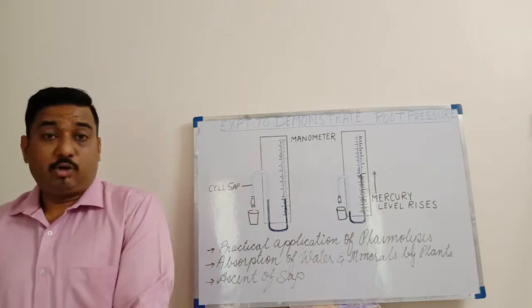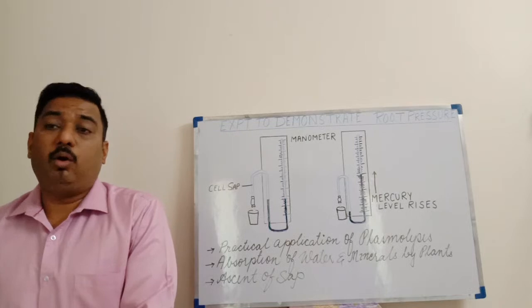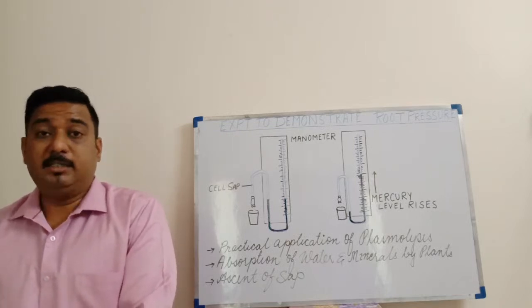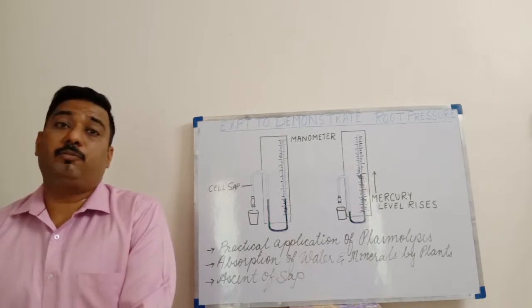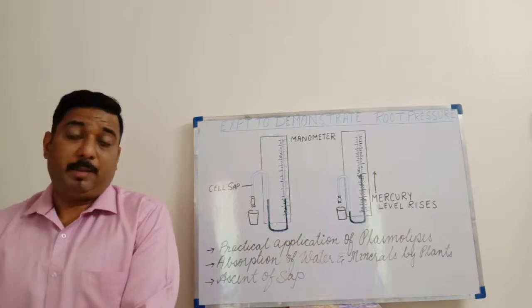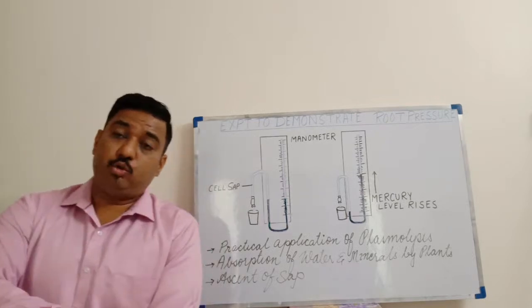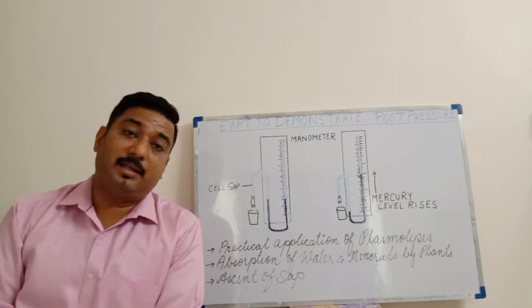What next topic is ascent of sap. What is ascent of sap? The upward movement of water against the gravitational force is termed as ascent of sap. You may have seen very tall plants like the coconut plant. They are massively tall, and the water has to be transported from the root to the top of the tree against the gravitational force.